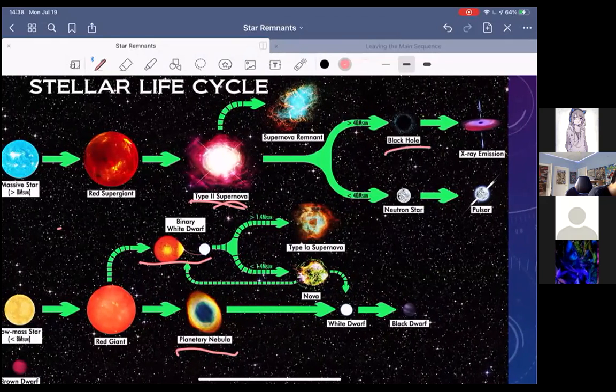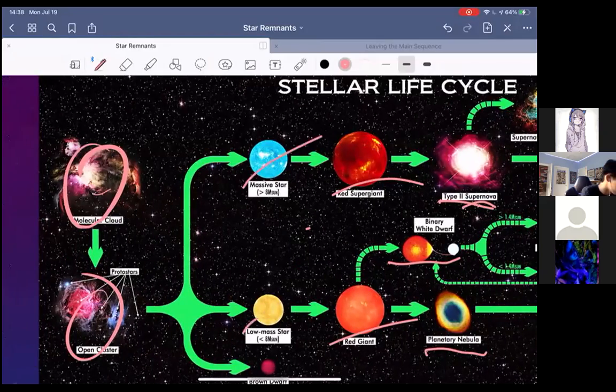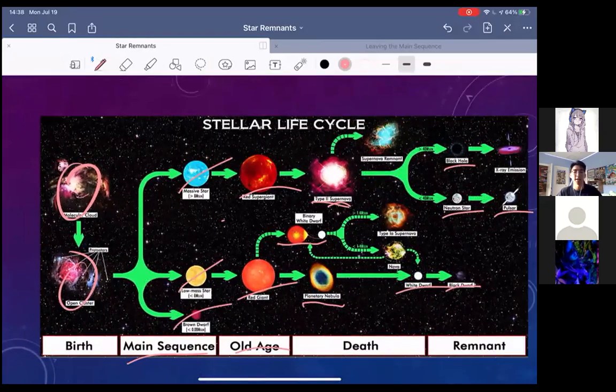We've covered black holes, neutron stars, pulsars, black dwarfs, white dwarfs, and everything beforehand. So I think we've gotten to a pretty good point in stellar evolution. Now we all have a pretty good understanding of how stars are born, how they evolve, and how they die.